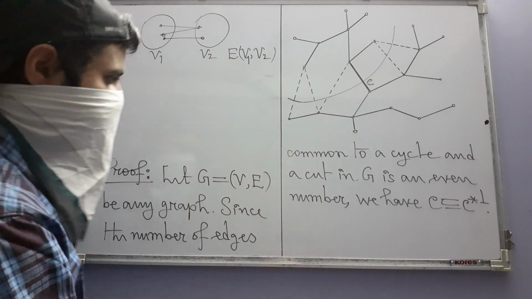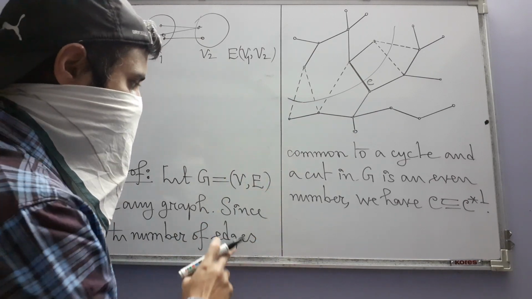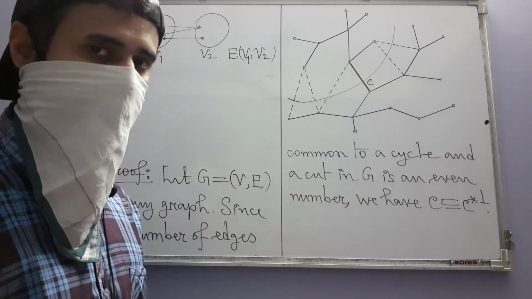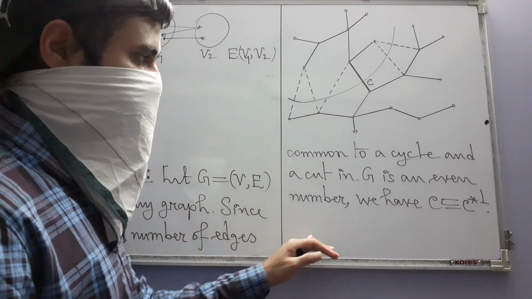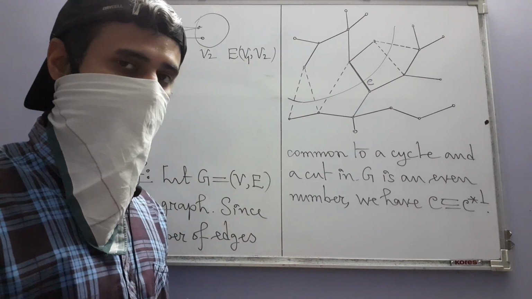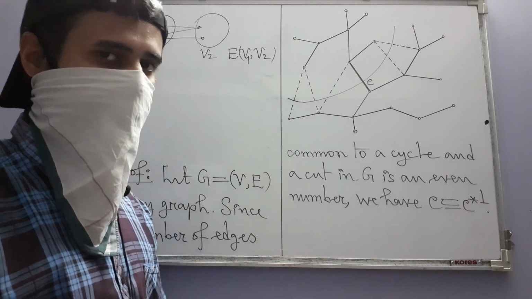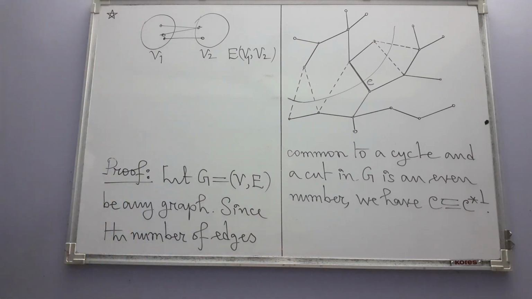And they together with the empty set give us a subspace of the edge space of G, that is our C star, that is the cut space. And on the other hand, all the cycles in G generate or span a subspace of the edge space, that is our cycle space. Okay.